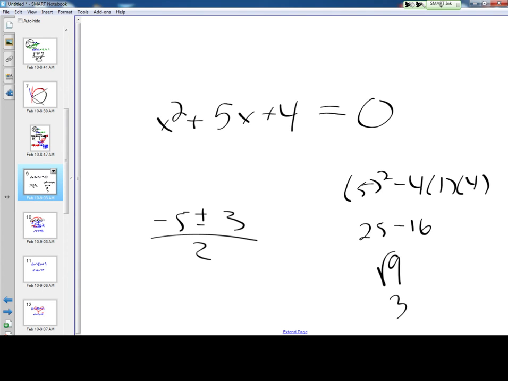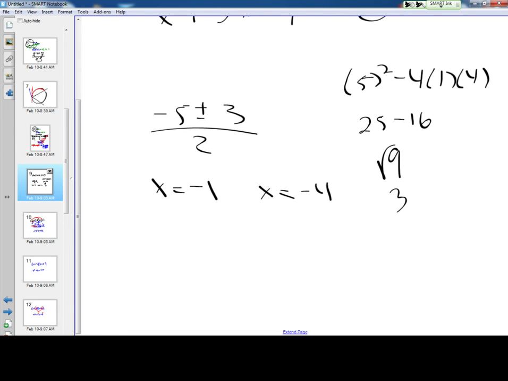Negative 2 over 2, negative 1. Did I do this correctly? Yeah, plus or minus. So negative 5 plus 3, that's negative 2 over 2. It's a negative 1, so x equals negative 1. And x equals negative 8 over 2, it's a negative 4.